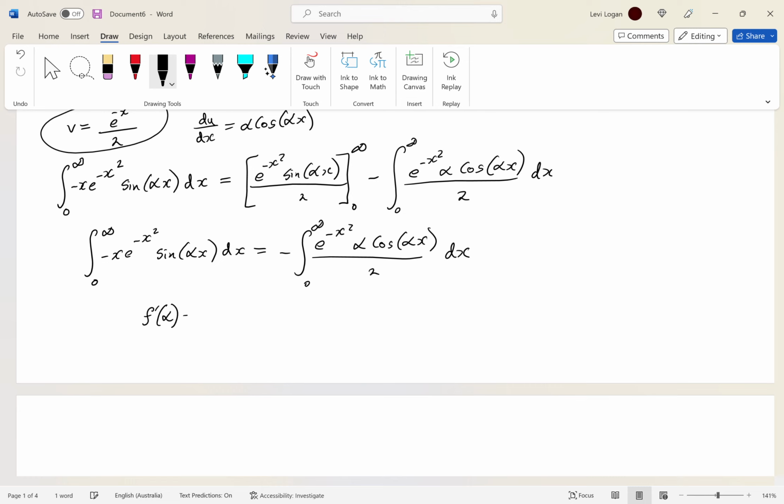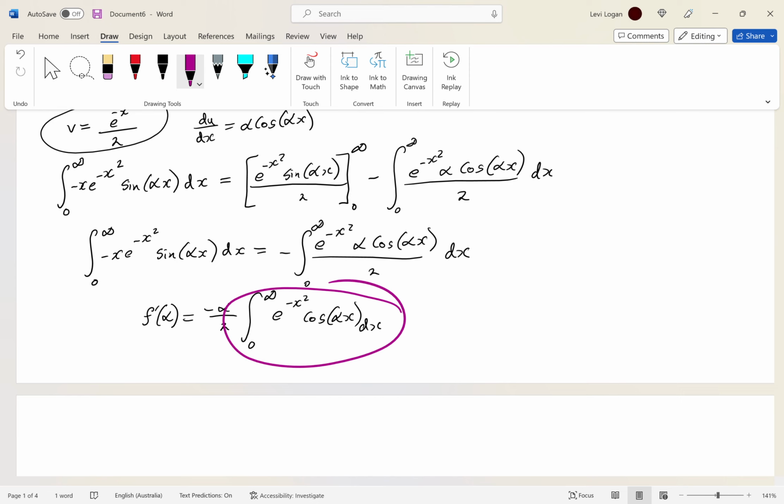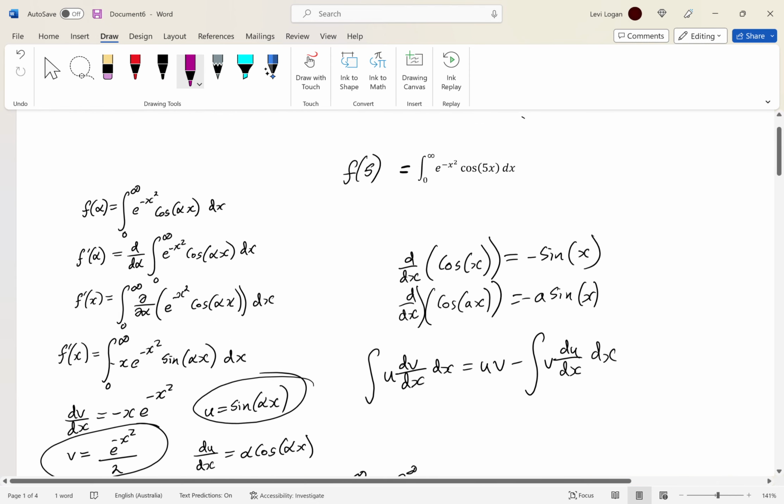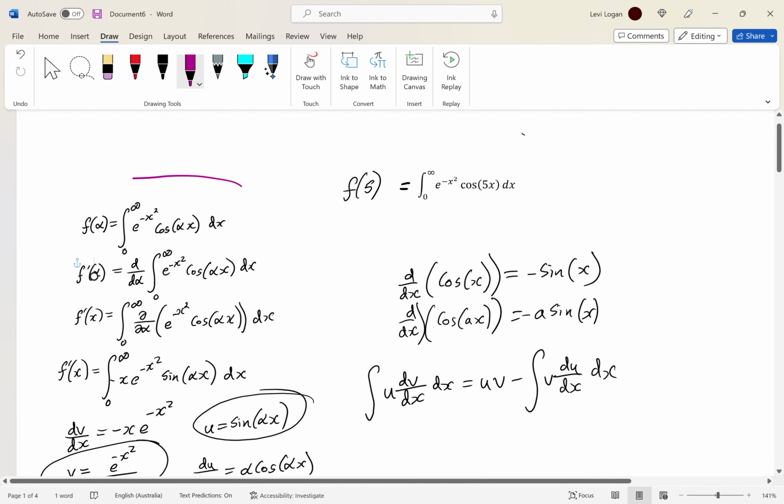And if you look in here, you can take out a factor of negative alpha over 2, right? And then you're just left with this integral, 0 to infinity, e to the negative x squared cos of alpha x dx. Isn't this just our normal integral that we have up here, that we defined as f of alpha?